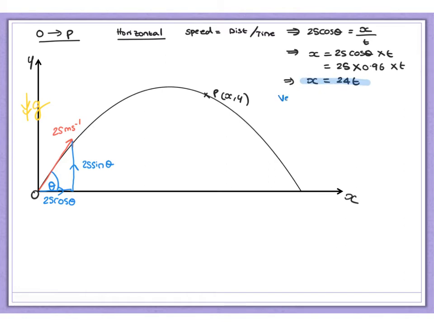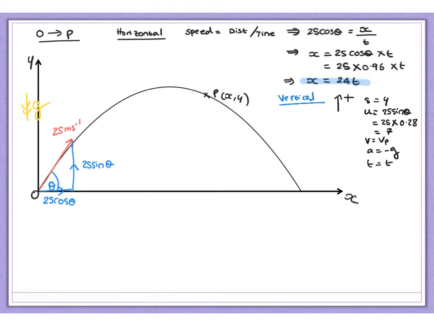Let's now look at the vertical motion. So I want to identify a positive direction, which will be upwards, and let's fill in our SUVAT equation information. s equals y at the point P, u equals 25 sine theta, and we know that sine theta in the question is given to us, it's 0.28, so that allows us to work out that u is equal to 7 metres per second. v we don't know, a is negative g, and t is, we'll call it t.